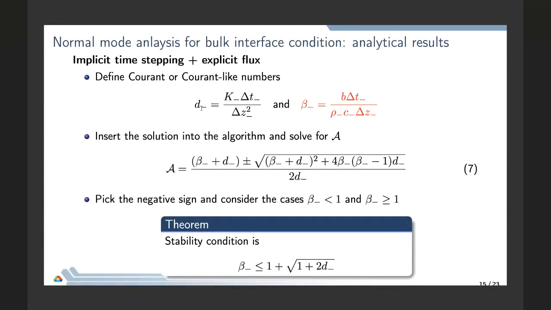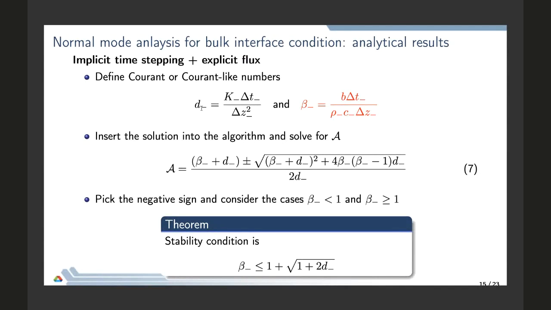You can see that there are two different roots for A, however, the positive sign is not possible. So we only need to consider the negative sign and consider two different cases, which is beta smaller than 1 or beta larger than or equal to 1.